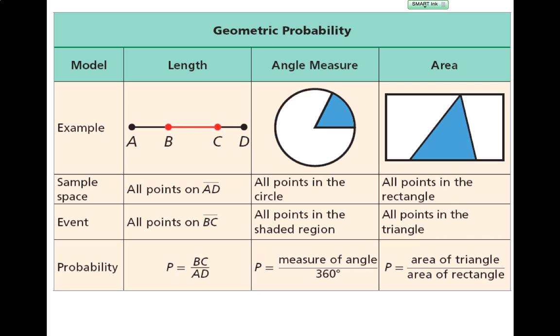The second type, you might think of a spinner. Now the second type could be interpreted two ways. You could do area, but one way to go is just the angle measure.